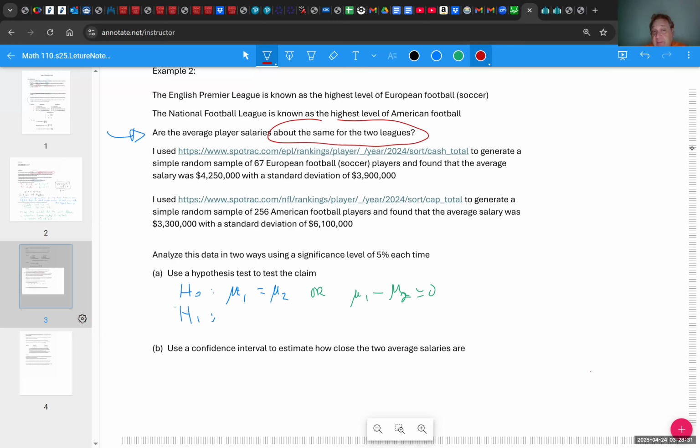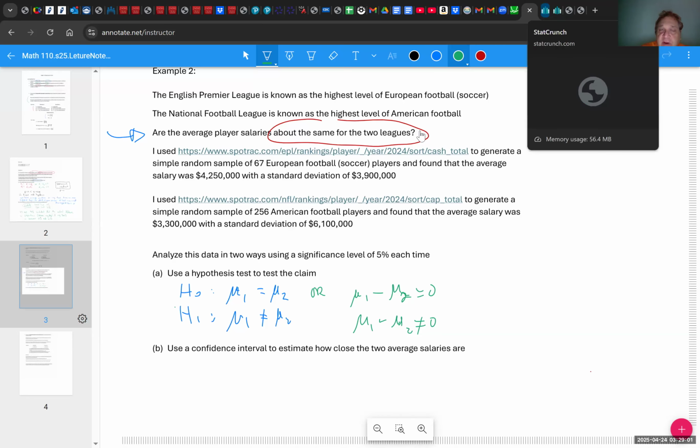So the alternative is they're not the same: mu1 is not equal to mu2, or in the subtraction version, mu1 minus mu2 is not equal to 0.